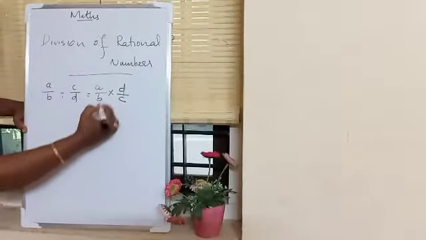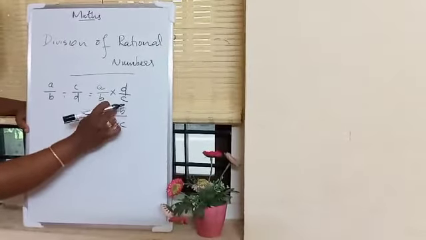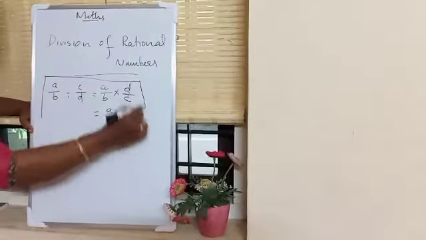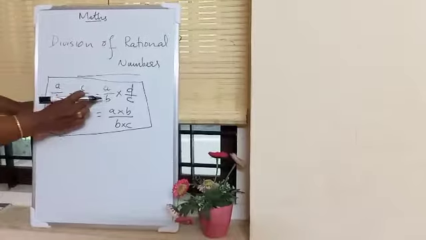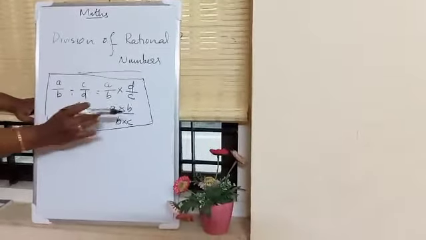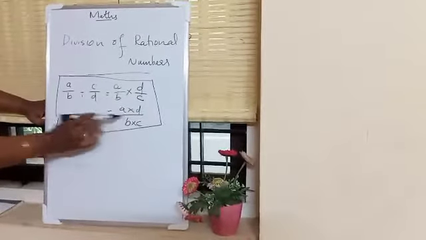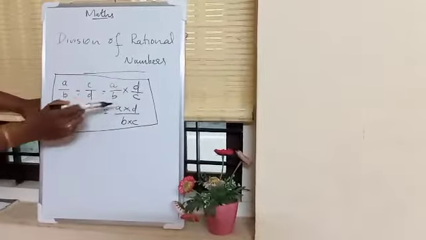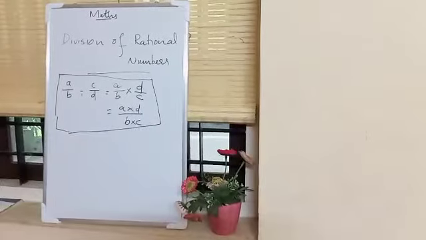Then a into d by b into c. This is the division of rational numbers. a by b divided by c by d is equal to a by b into d by c, which is equal to a into d by b into c.